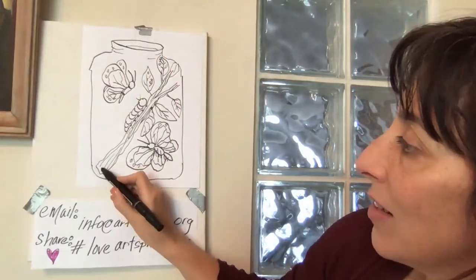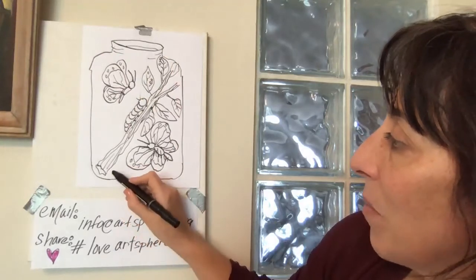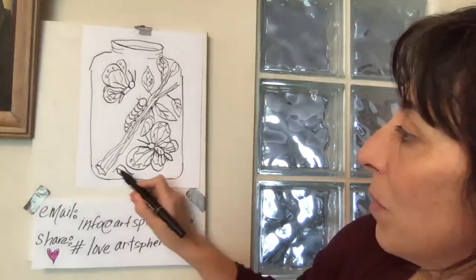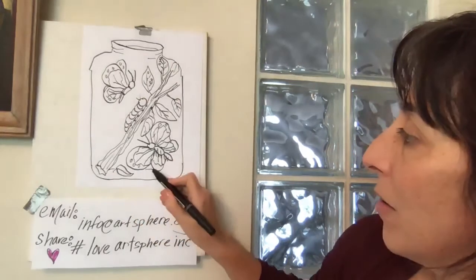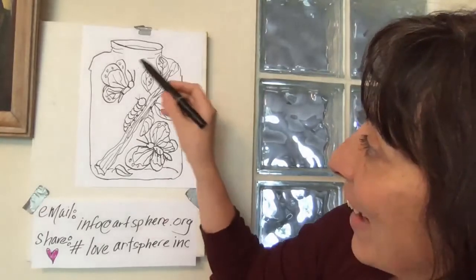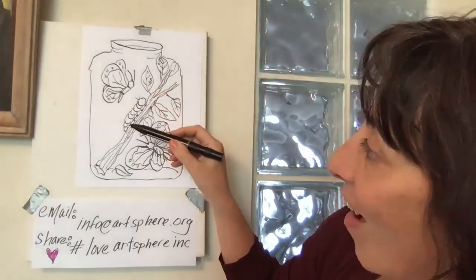Might want to add a little detail on our stick down here. May want to add more leaves. Might want to add a little bit of a 3-dimensional element on the bottom so that we could see that the glass is curved. You may want to go ahead and add labels. You may also want to add color. That would be great.